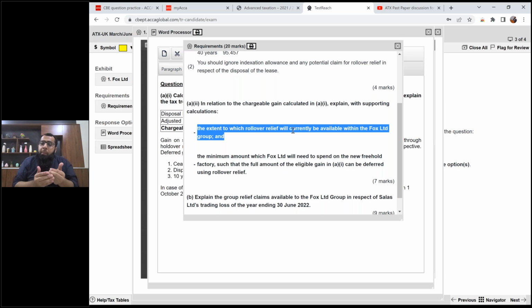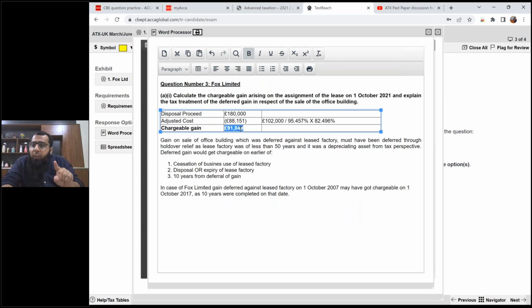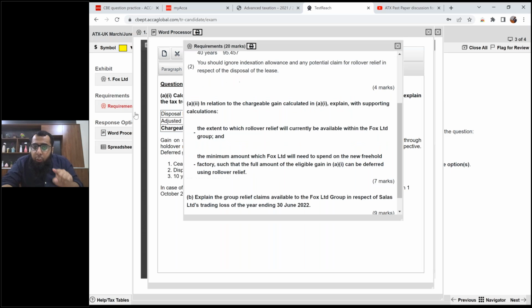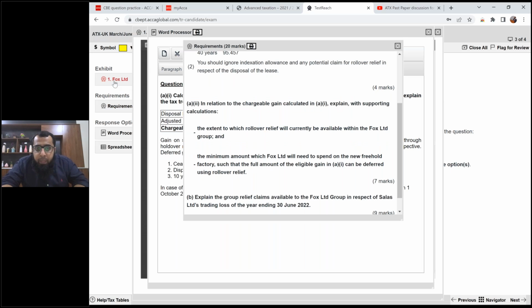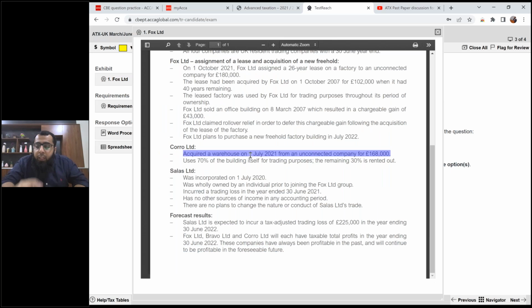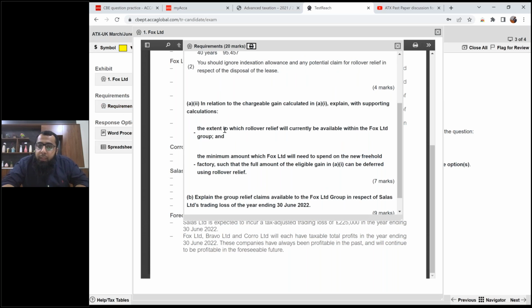Now, what you need to remember is that either you can invest or your group company can invest. Fox Limited has made a disposal. There is a gain of 91,849. If you remember the question, the group company Coro Limited is making an investment.